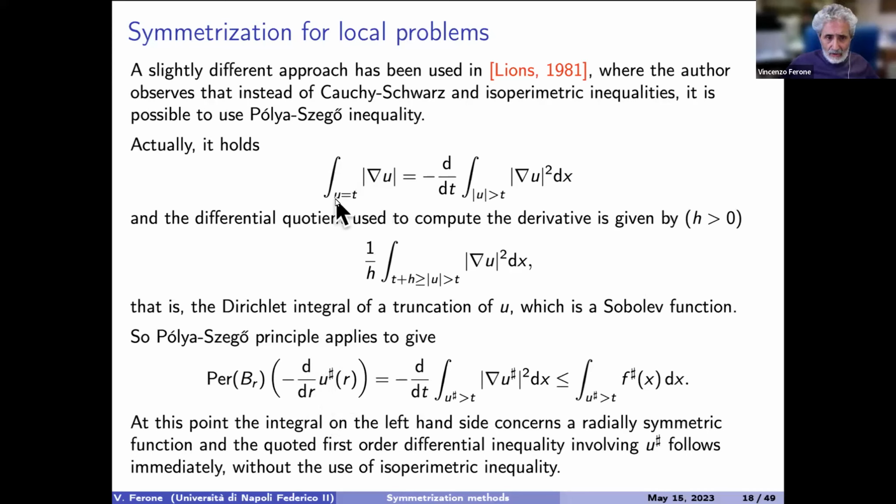And then the integral over u equal to t, which is the perimeter of B_R. Okay. And so this is exactly the same inequality I got in the other way.